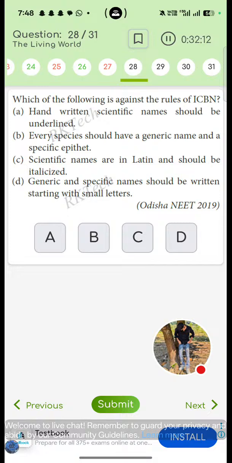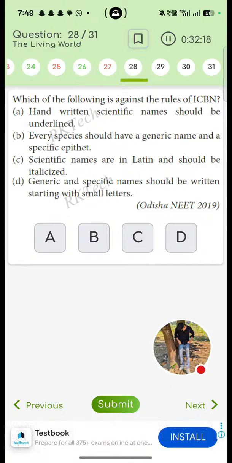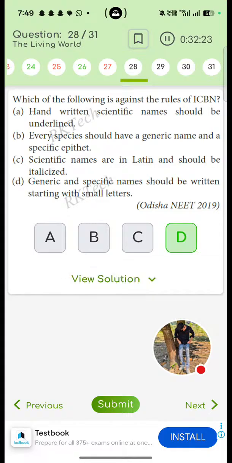Scientific names are Latin and should be italicized. Generic and species names should be written starting with a small letter. The wrong answer is option D, because the generic name is written in capital and the species name is written in small letter.